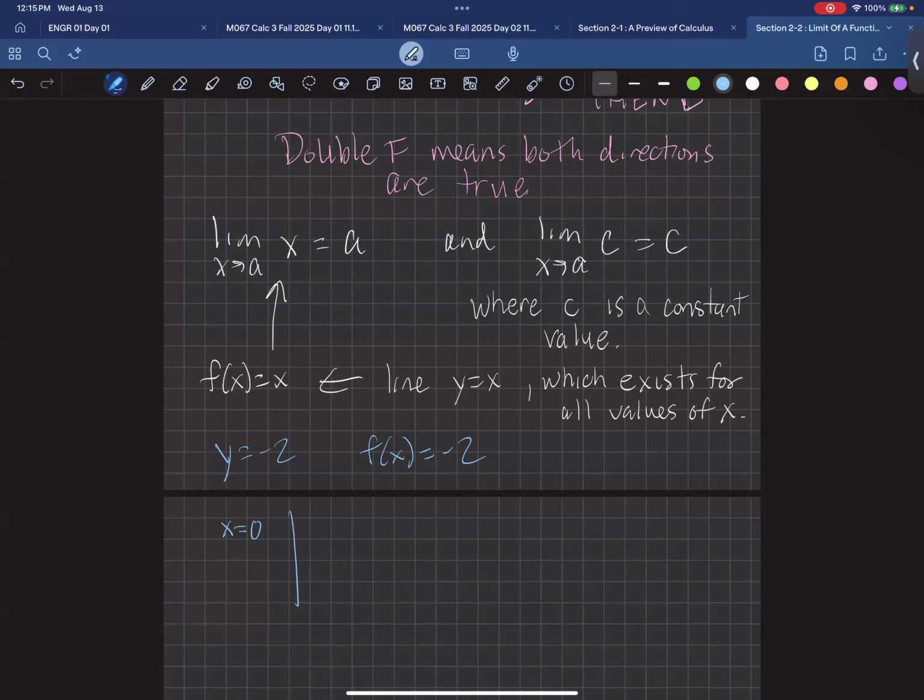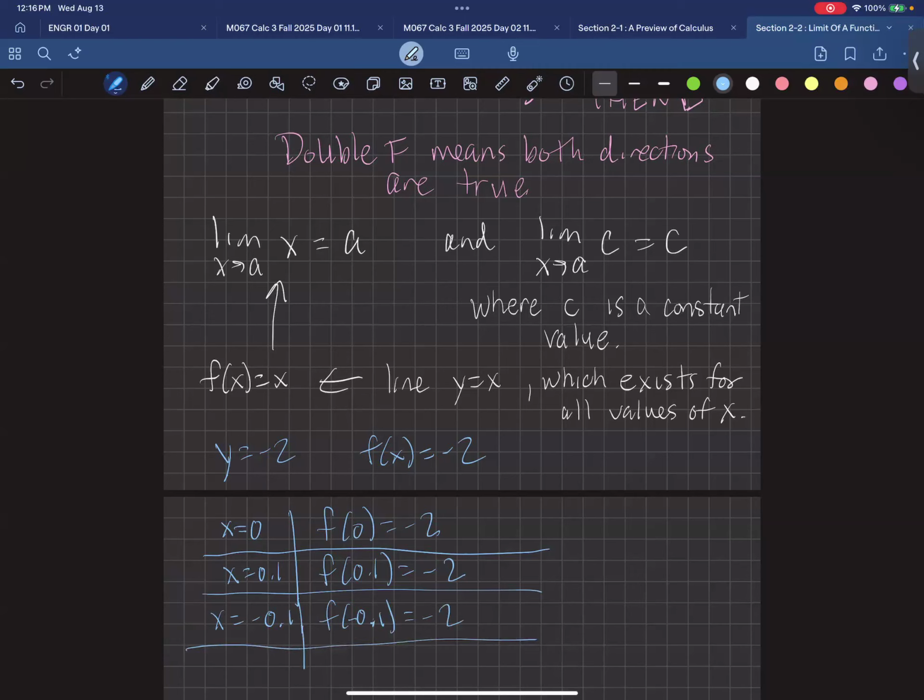If we do x equals 0, f of 0 equals -2. If I do x equals 0.1, f of 0.1 equals -2. If I do x equals -0.1, f of -0.1 equals -2.